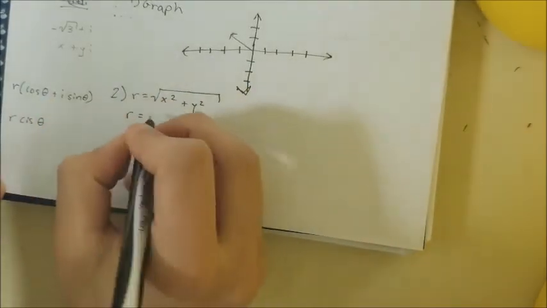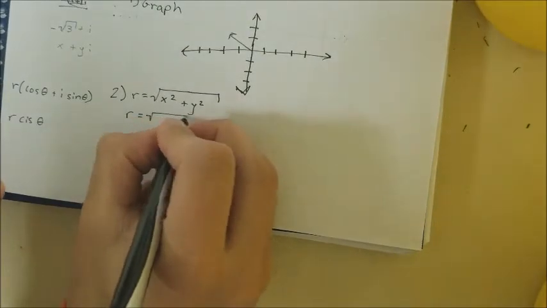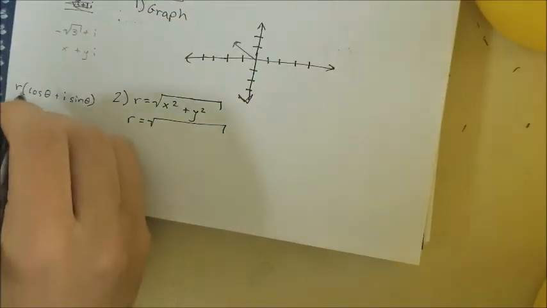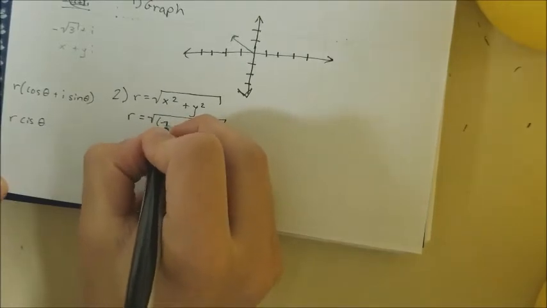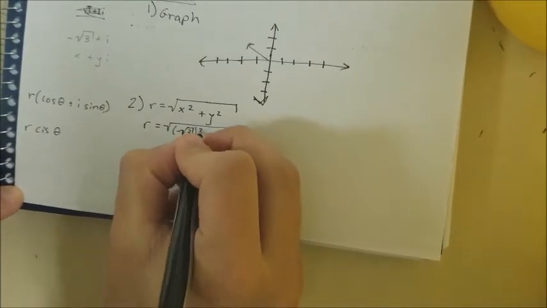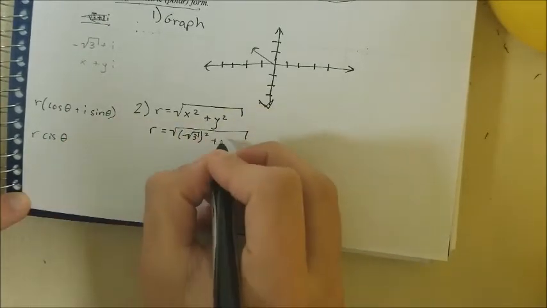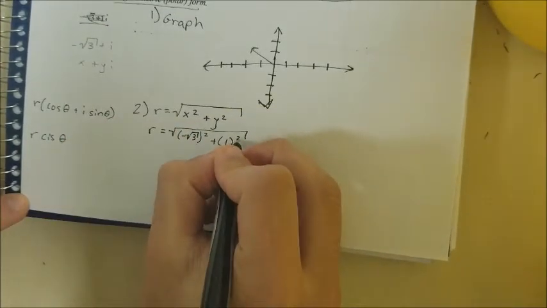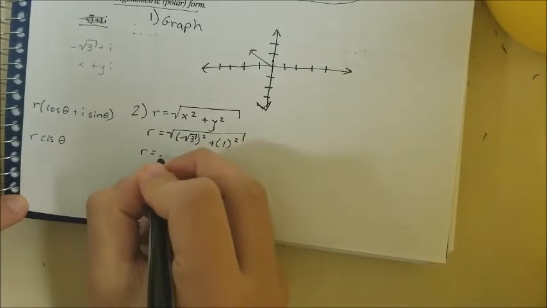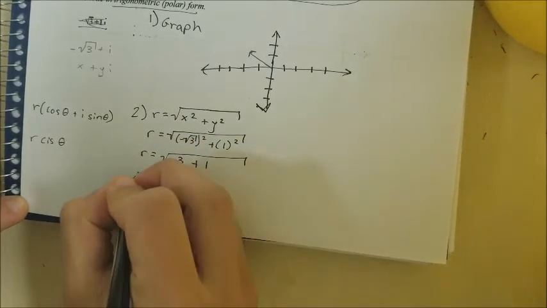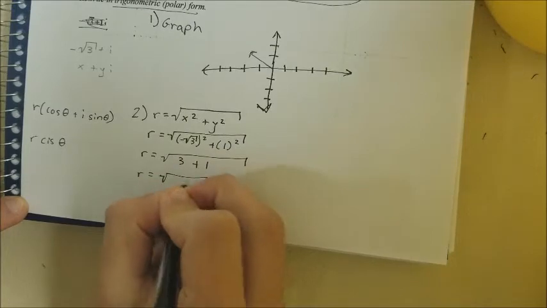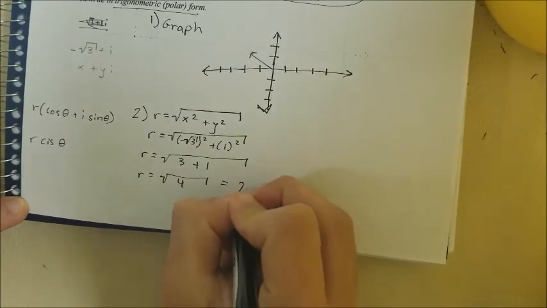So you have r equals the square root of negative root 3 squared, plus, and then y is 1, so 1 squared. r equals the square root of 3 plus 1. r equals the square root of 4, which equals 2.